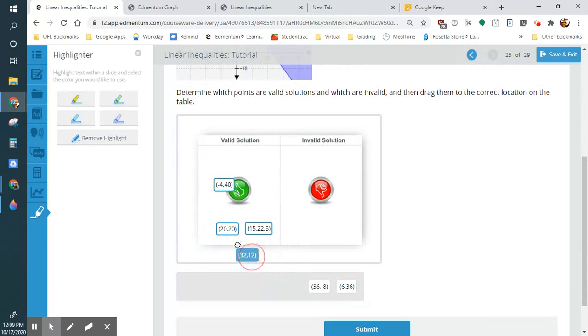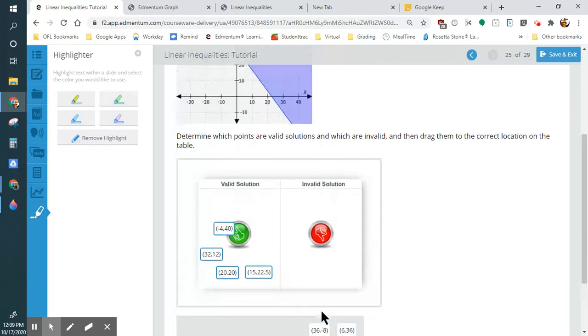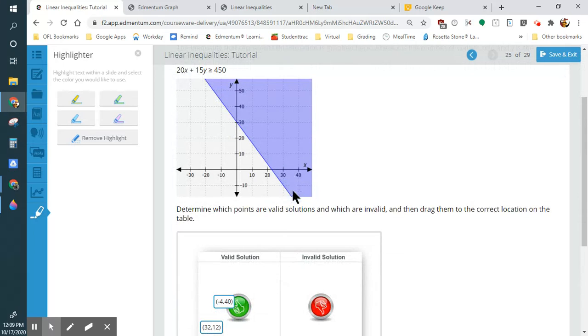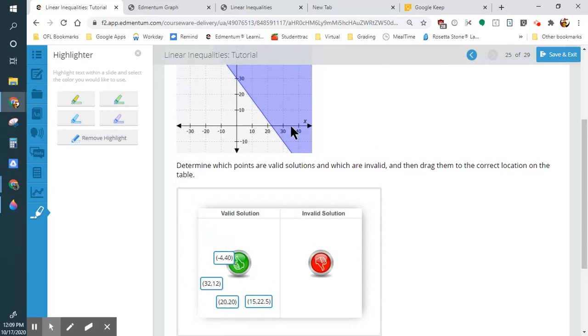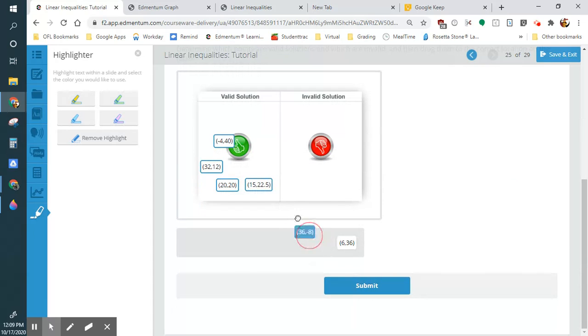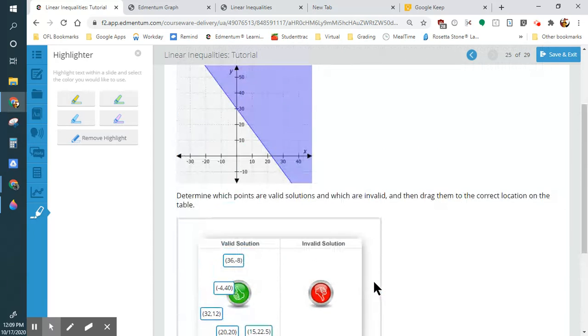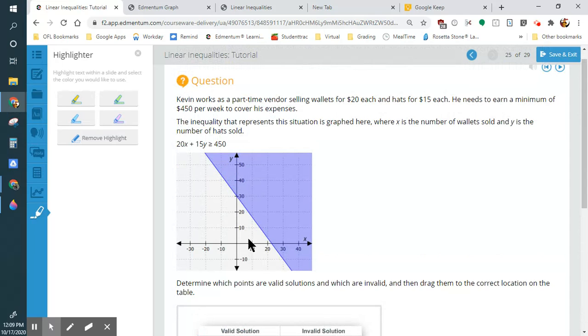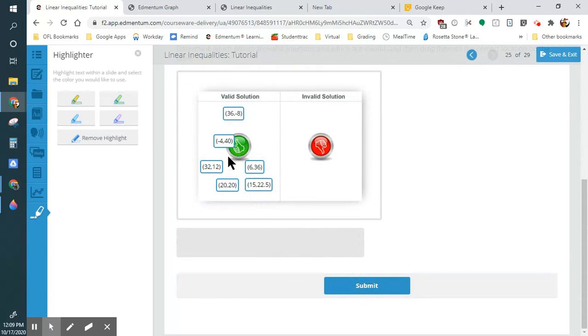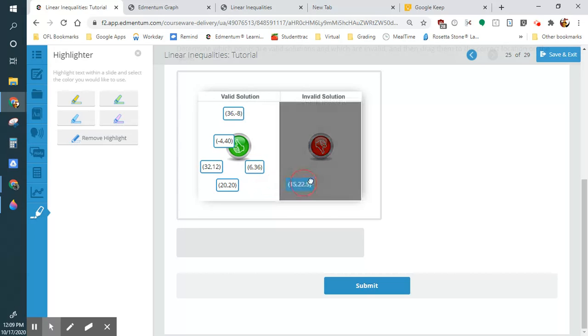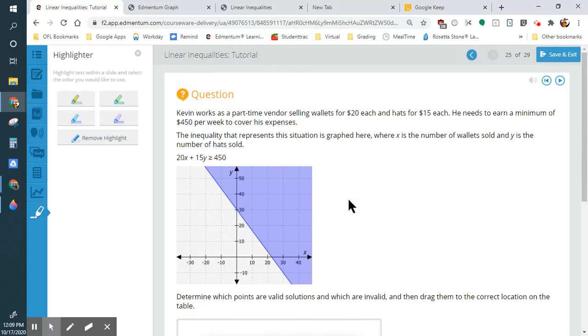32 and 12, so that's good. 36 and -8, it would work technically if that's what they're doing. 6 and 36, that would work. I just, you can't sell a fraction of a wallet.